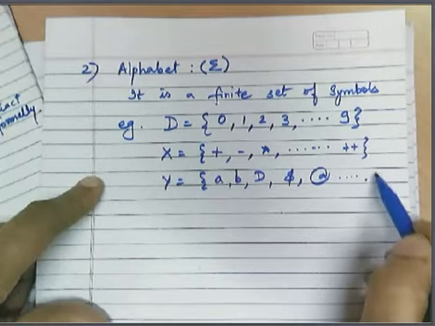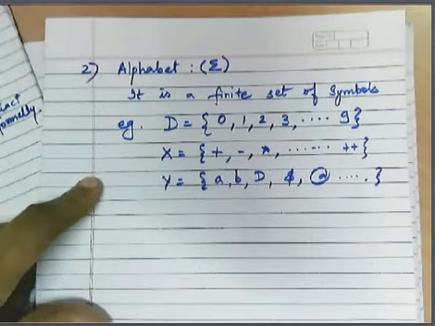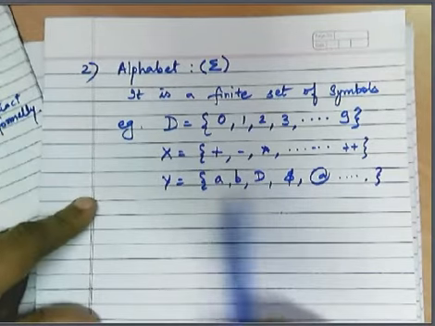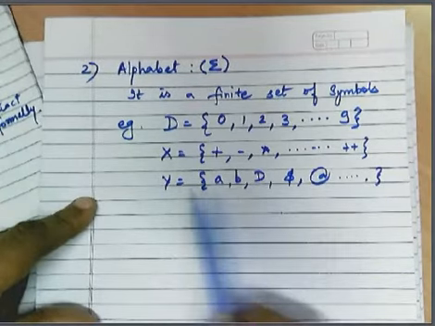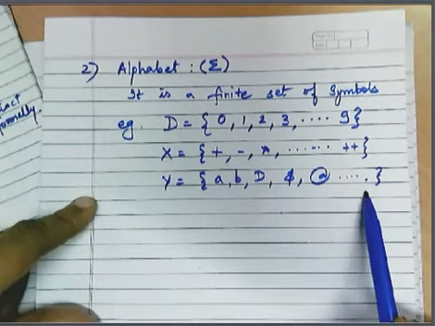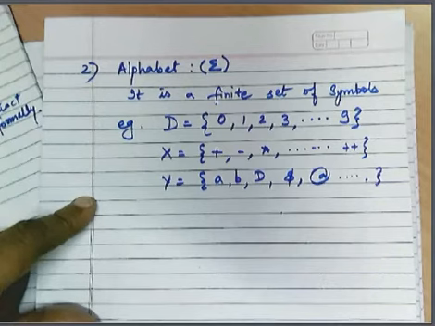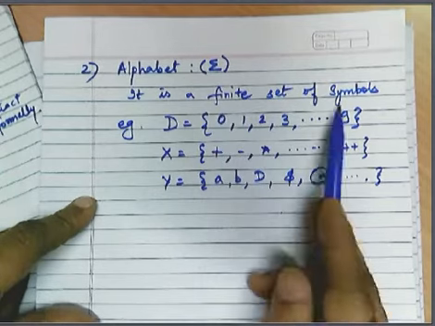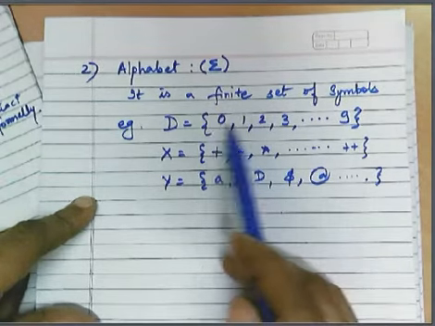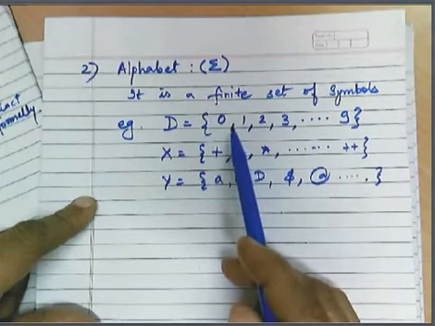This is my own way to define an alphabet for any language, and it is the concern of the language designer which symbols they want to include. I hope this is clear. So what is an alphabet? It is a finite set of symbols. What is a symbol? These are the entities.